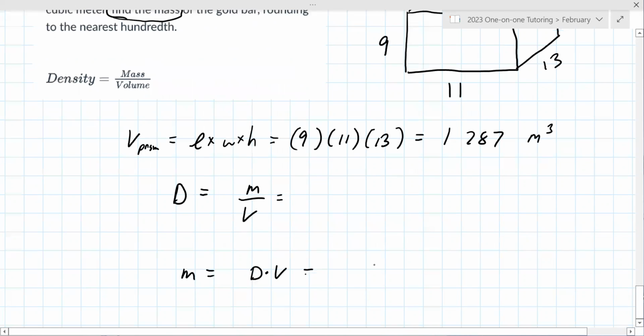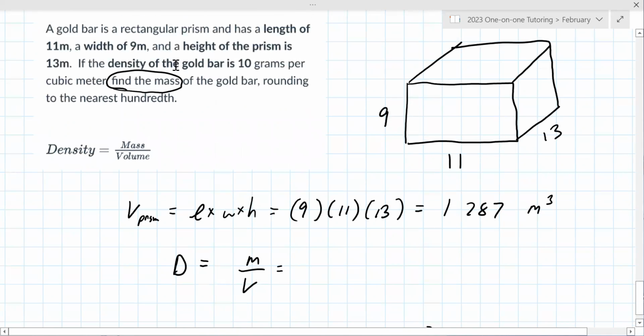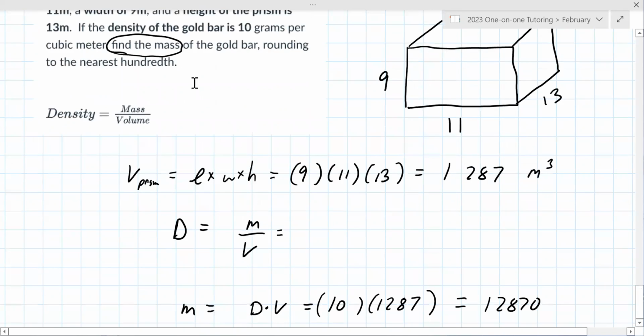So density is 10, and then the volume is 12.87, which would give me 12,870. And that's in grams.